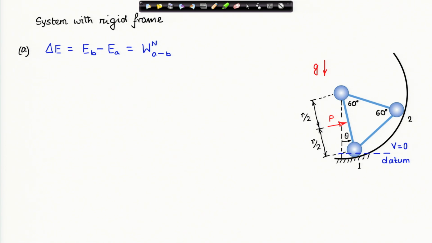We have gravitational potential energy, and the datum I fix at this level as shown. This level coincides with the level of the center of mass of this particle when theta equal to 0. So, when theta equal to 0, the center of mass of this particle is at the datum position. This is just a choice, you can choose datum anywhere else.